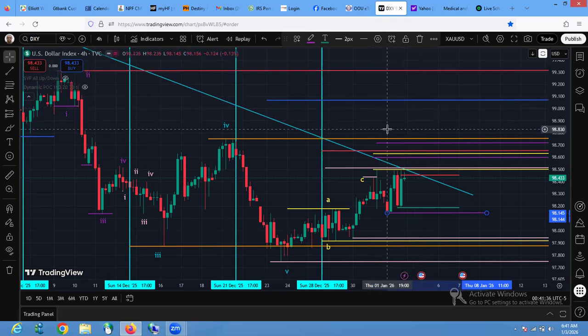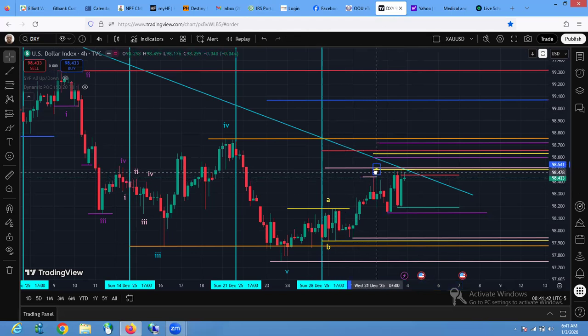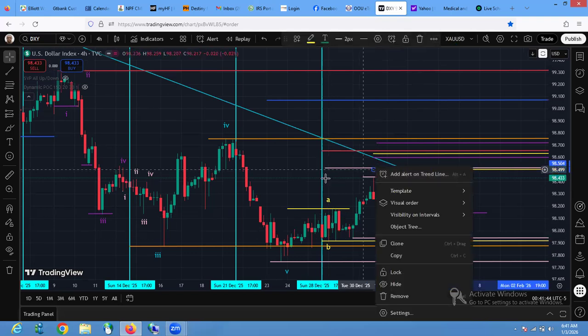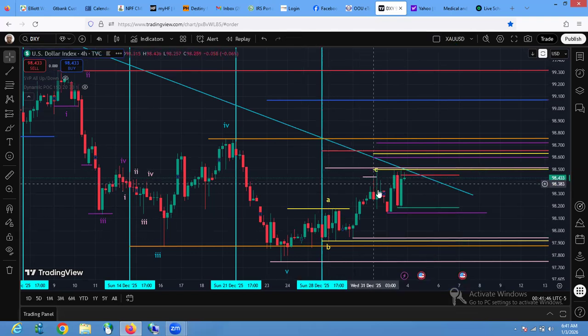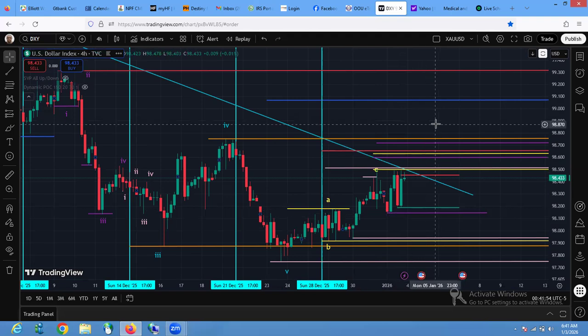So we need to just wait some more because as far as I'm concerned, this is completed as an ABC. ABC to the upside is completed. And so this might just be the internal B wave of a bigger correction in the making for us to trust to the upside. So we'll wait and see.